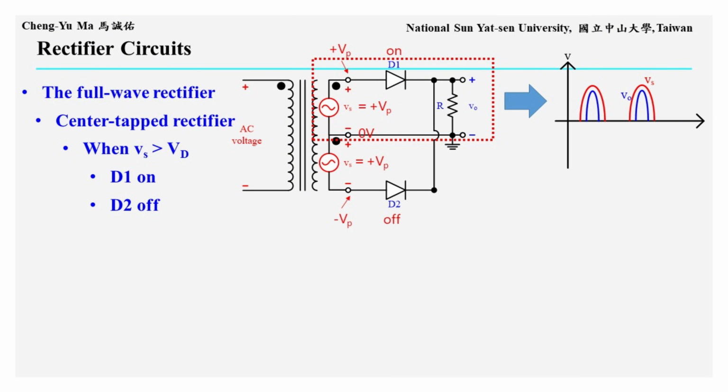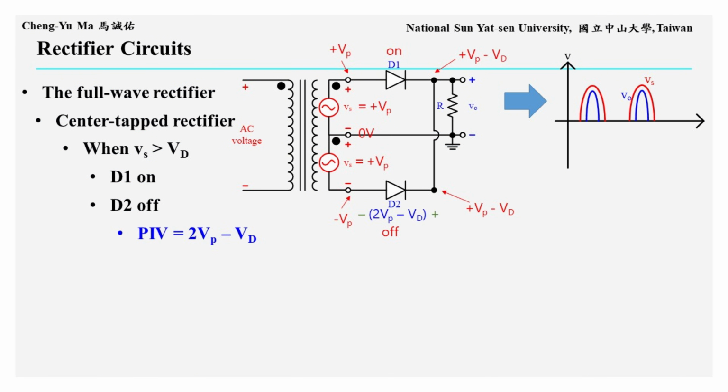Let us use an extreme case to explain the operation. When Vs reaches the positive peak, Vp, we first check the ground reference. The anode of D1 is at positive Vp, while the anode of D2 is at negative Vp. Therefore, D1 has a higher anode voltage and is forward biased, so it turns on. D2 has a lower anode voltage and is reverse biased, so it remains off.